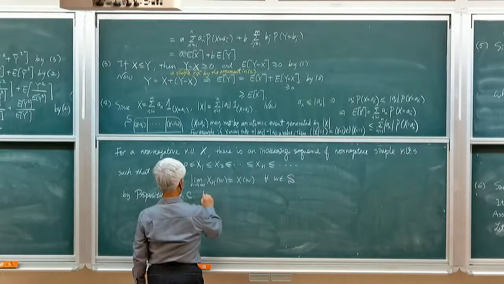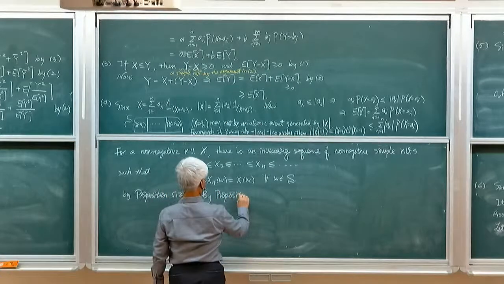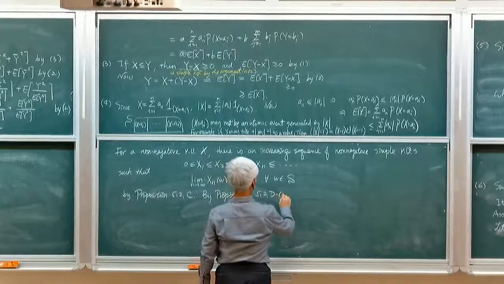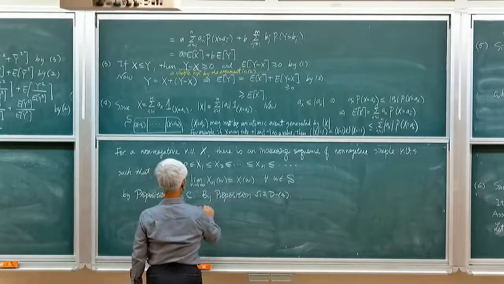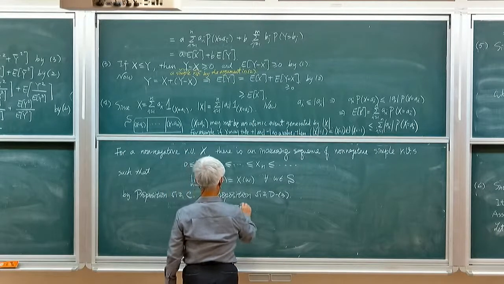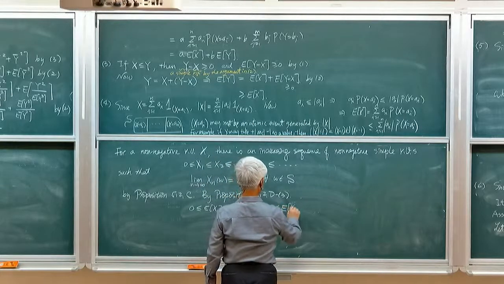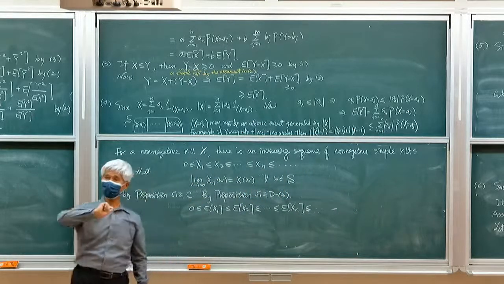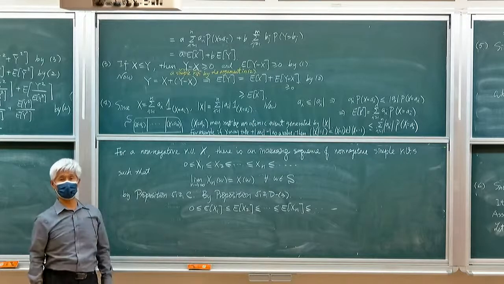Right, now by proposition 5.2.d, the third property, we know that the expectation of x_n is a monotone increasing sequence of non-negative numbers, right?